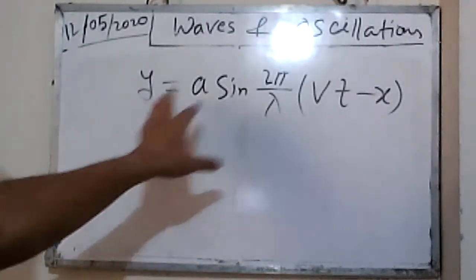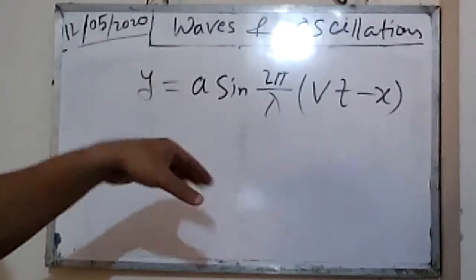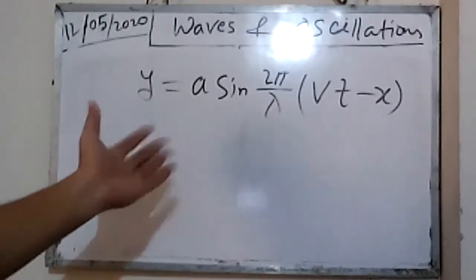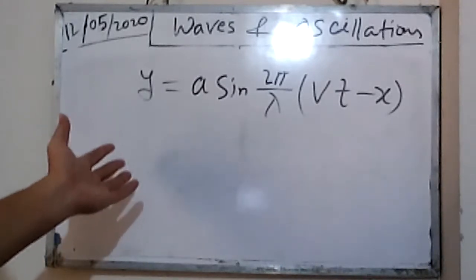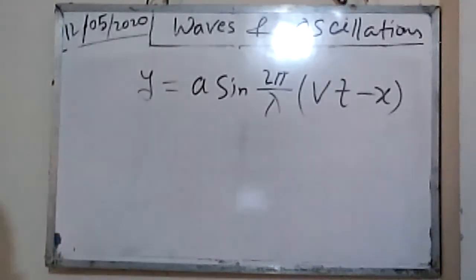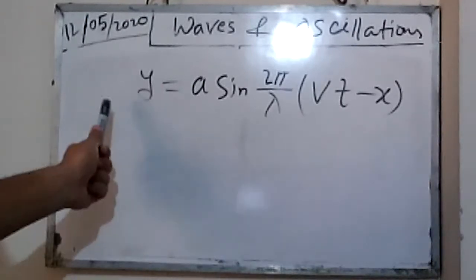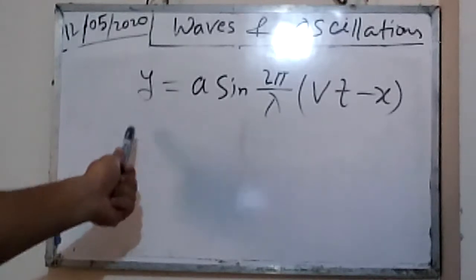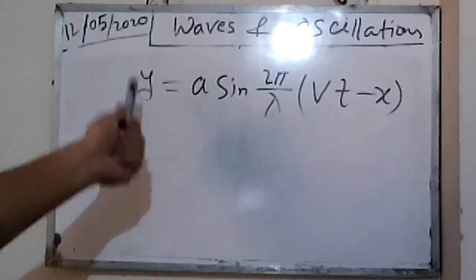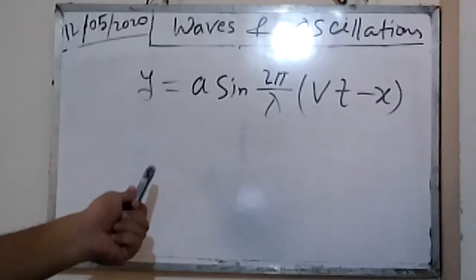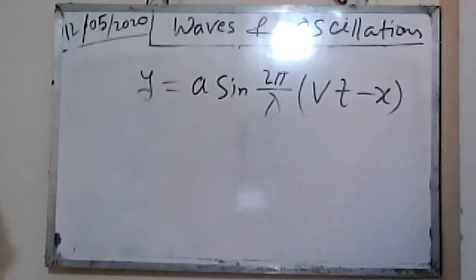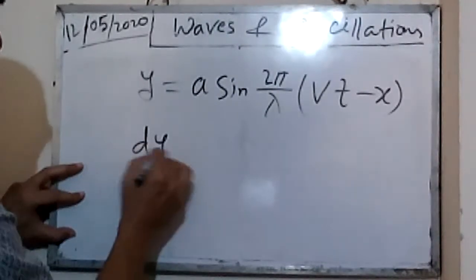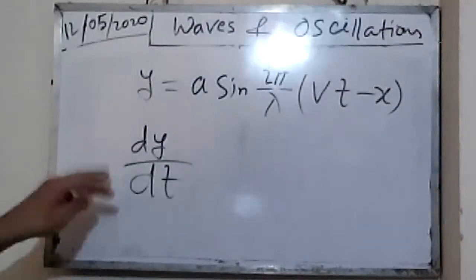If your question asks what the velocity is, then you have to differentiate this equation with respect to time to get the particle velocity, that is dy by dt.